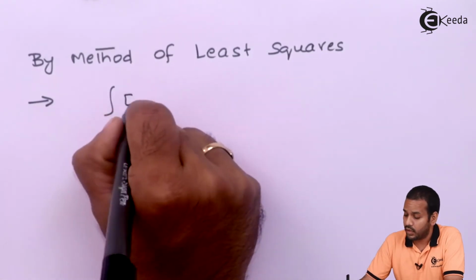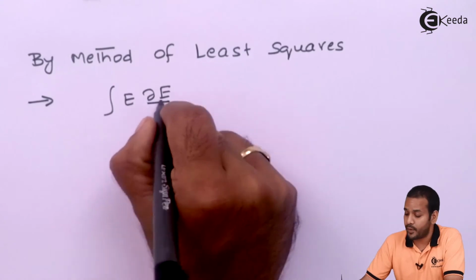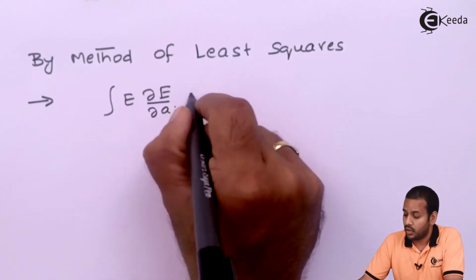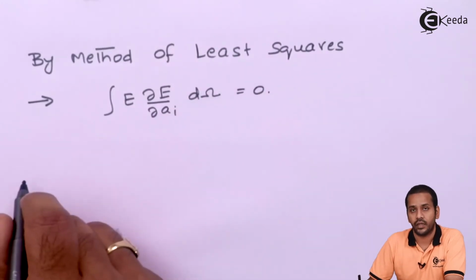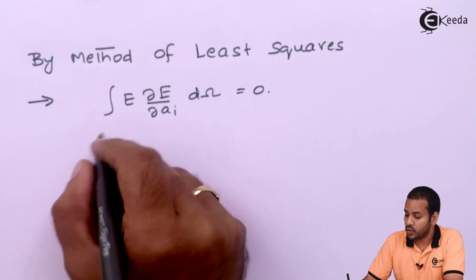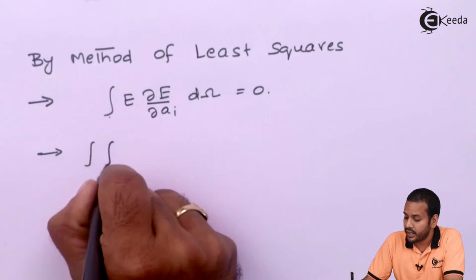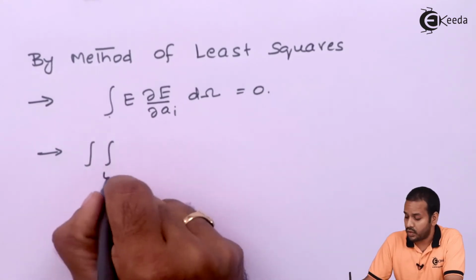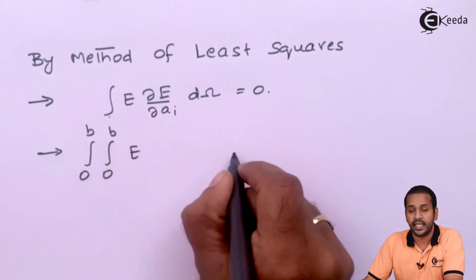Integral of the error multiplied by the differentiation of the error with respect to the parameter over the domain, and make it 0. Okay, good. Here our domain is a 2D domain, so obviously we will get a double integral, and our domain varies from 0 to b, 0 to b. These are the limits, and this is the error term.